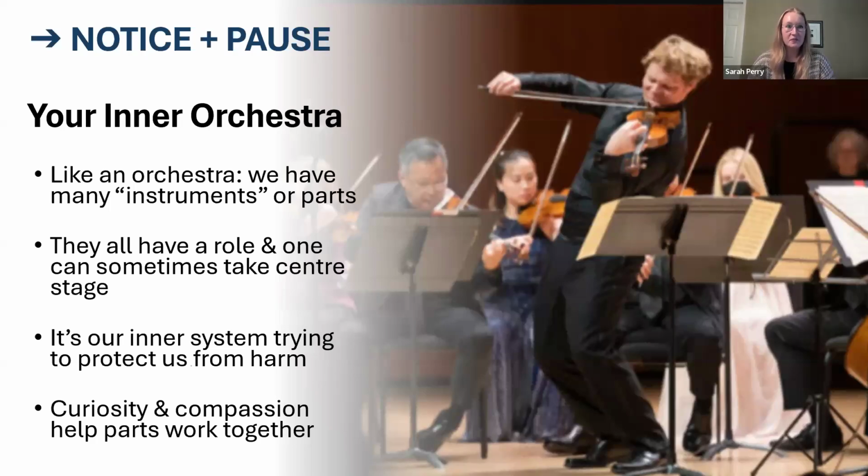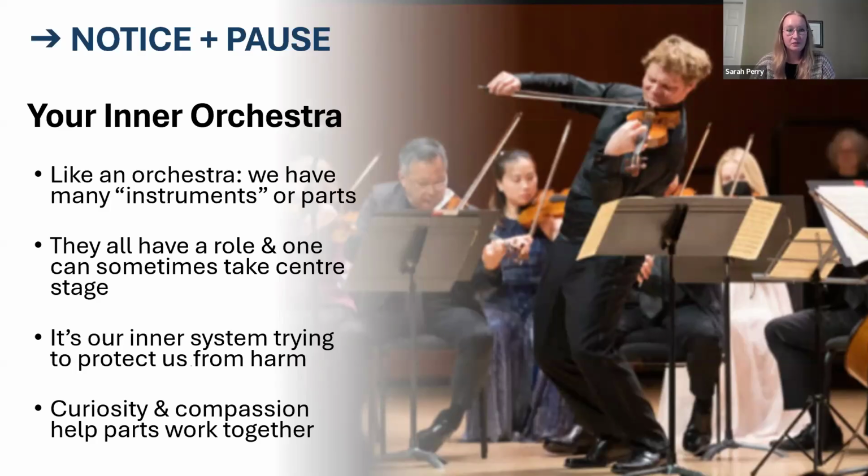Another perspective that we can use to look at what's going on is from the internal family systems perspective, IFS. And I like understanding it as an orchestra. We're made up of all these different instruments that are playing within us. We have different parts, and as a whole, we're an orchestra.